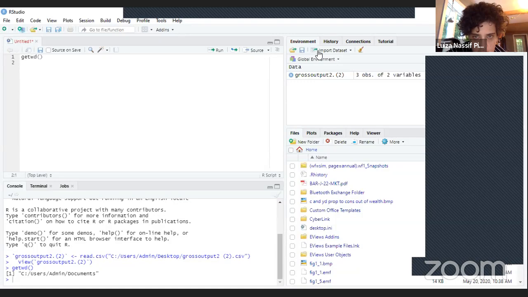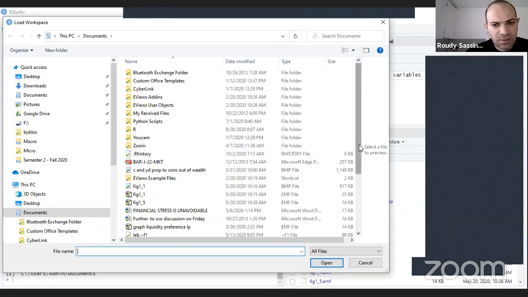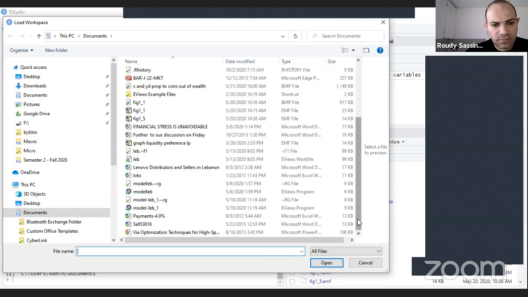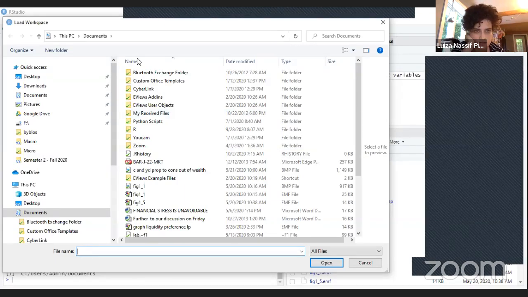That one. If you click on that, then whatever you saved. Did you save it there in the documents? Now you can go and find that file, the inputs table.